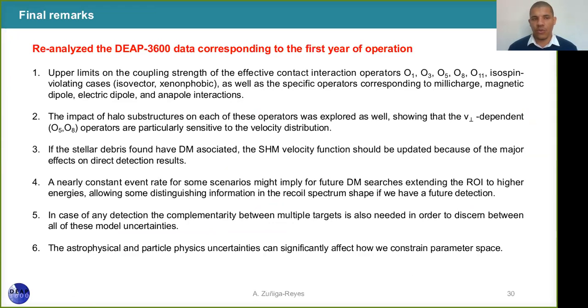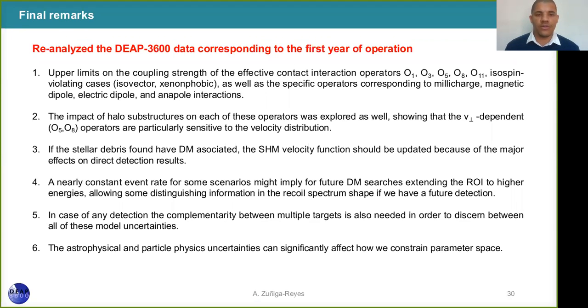Okay, just to do some final remarks, we reanalyzed the DEAP data corresponding to the first year of operation. I presented different upper limits on the coupling strengths of different contact interaction operators. I showed isospin violating cases like isovector and xenophobic, and also the specific operators corresponding to Milli charge, magnetic and electric dipole, and anapole interactions.